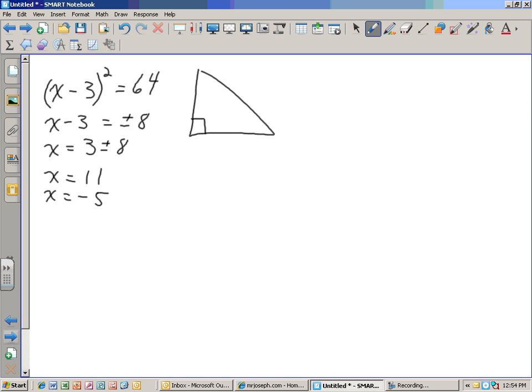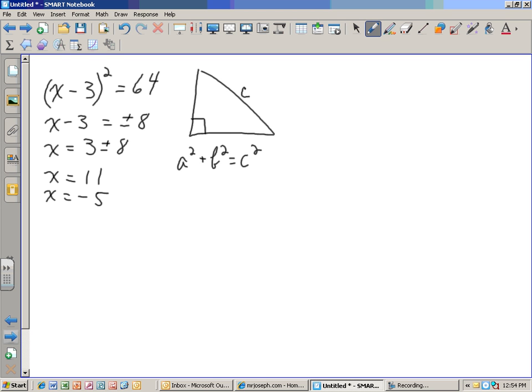Of course, the hypotenuse is the side opposite the right angle. The formula we generally use is a squared plus b squared equals c squared. The side opposite the right angle is our hypotenuse, and we'll call that c. For the legs, it doesn't really matter which one's a and which one's b.